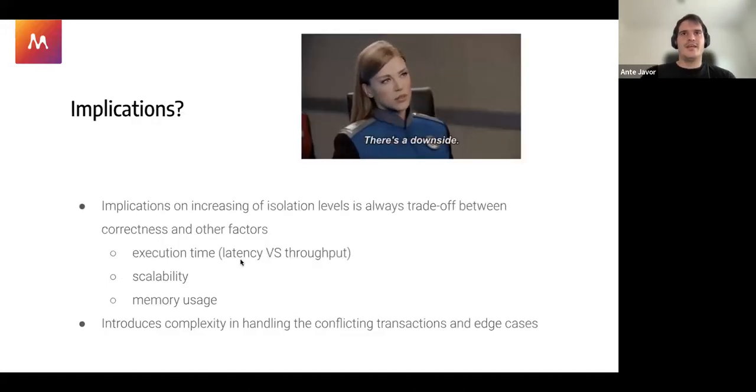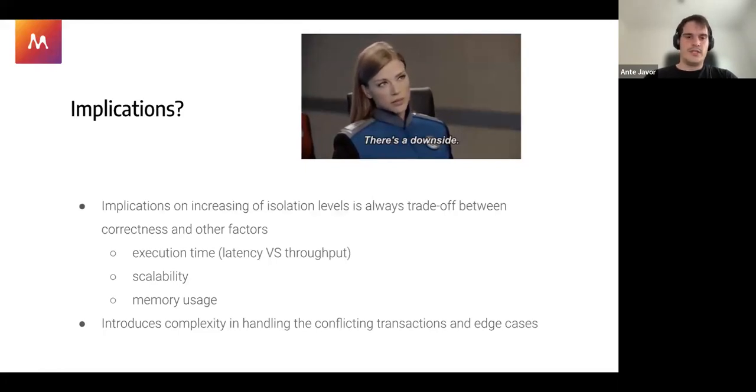So what are the implications of raising the isolation level? There are always some downsides, and usually increasing the isolation level will lead to increased correctness, but to lower performance characteristics.